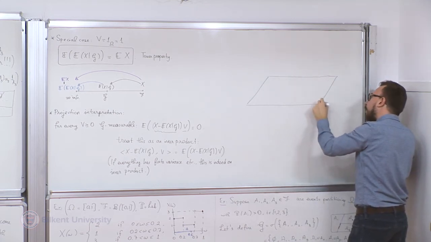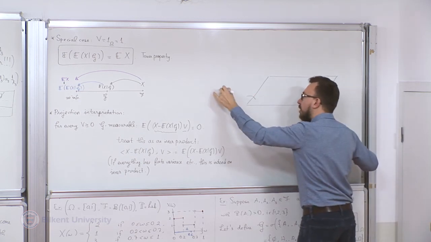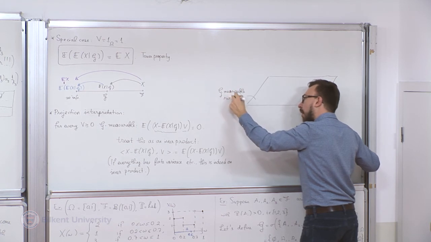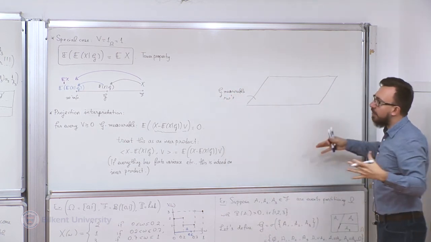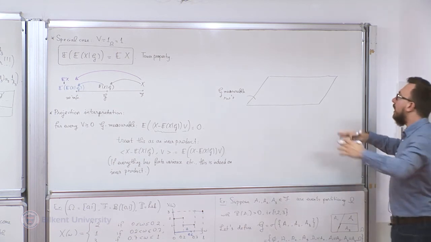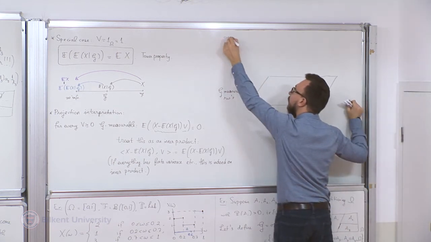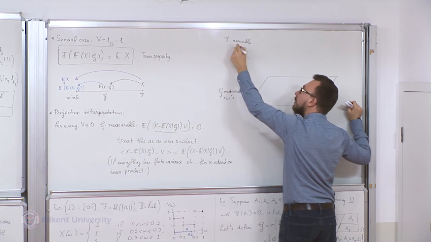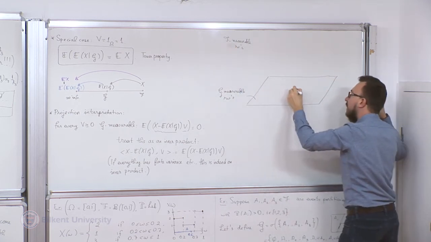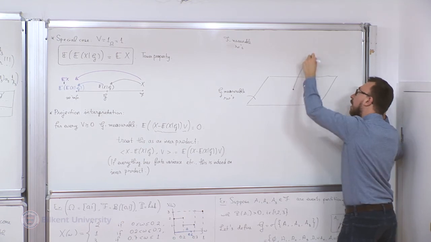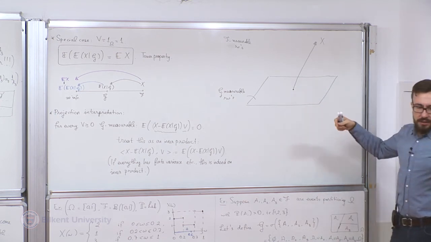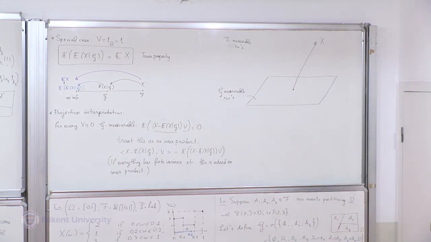Okay? Anyway, so what is going on here is that we have a space of G measurable random variables, and since every G measurable function is also F measurable, we can see the big space as F measurable random variables. Okay, let's say this is an origin, okay? And we have this random variable x. So it's not on this plane, not necessarily on this plane, because x is just F measurable.